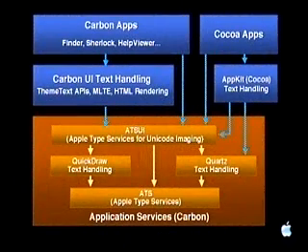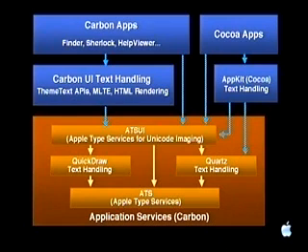So this is how it all fits together. At the middle is ATSUI. And everything is going through it for text rendering on Mac OS X. You, the developer, are writing a Carbon application or you're writing a Cocoa application. Some examples here of applications which are Carbon apps and are using ATSUI: the Finder, Sherlock, Help Viewer.